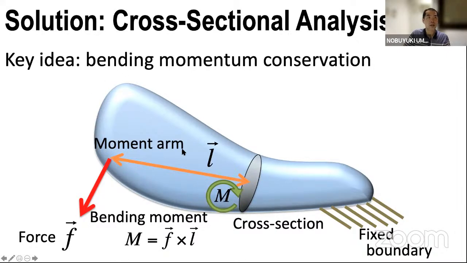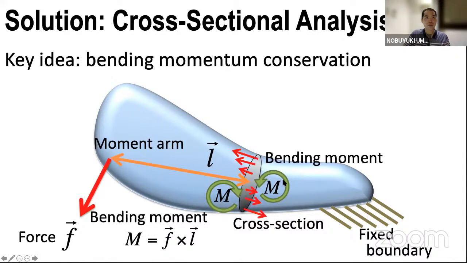In static equilibrium, the bending moment is conserved, so there is a counteracting bending moment of the same amount, and it comes from the stress inside this cross-section. So when we know the bending moment and the shape of the cross-section, we can compute the stress inside it.